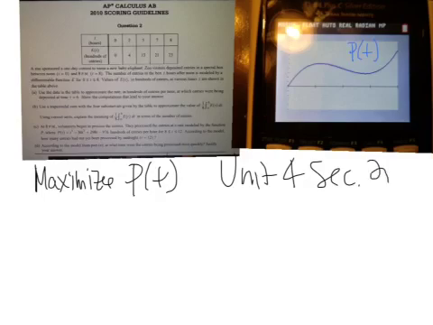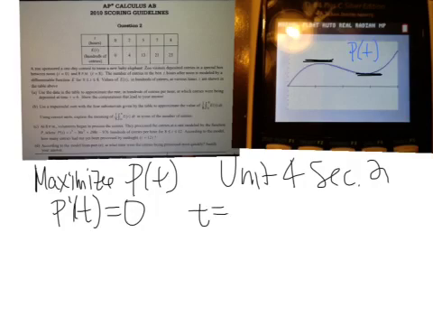And in order to optimize, what we need to do is we know that the maximum of a function can take place either at an endpoint or a critical point. So a critical point is a place where the derivative of the function would equal 0. So on this graph, those would be the places where my tangent line would be horizontal. And so there are two possibilities for that.